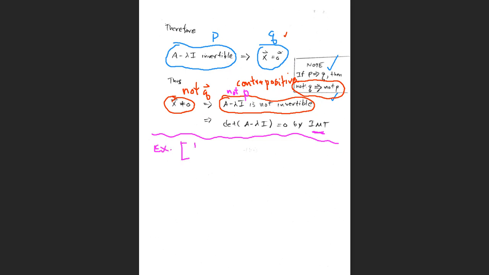Let's say you had a matrix like this, 1, 2, 1, 2. Okay, is this matrix invertible? The matrix whose column vectors are 1, 2 and 1, 2. No, that's not invertible, because if you take the determinant, well, let's use the notation we're used to.